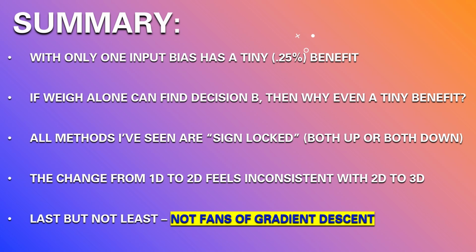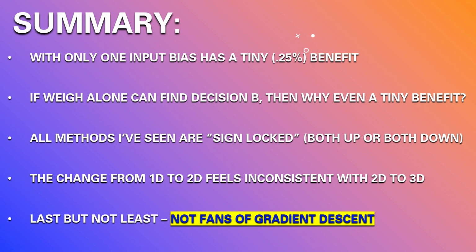It just feels like a little bit of an inconsistent pattern. I would have expected the same change you apply from 1D to 2D is applied from 2D to 3D, and maybe it is, but I can't quite get there on that. So we'll keep an eye on that as well.